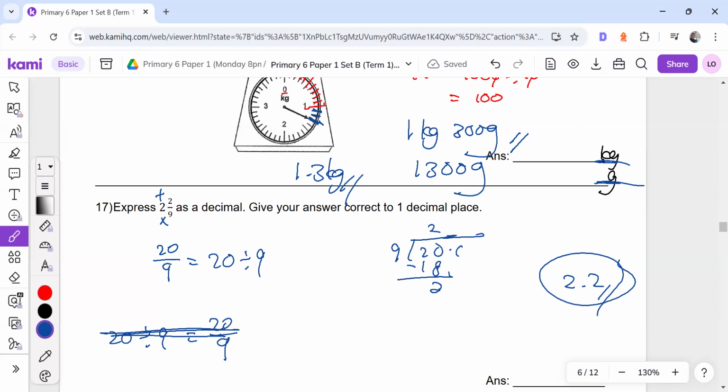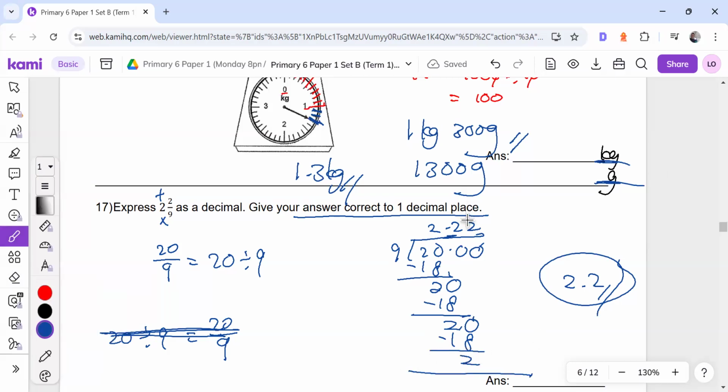Change the whole number to decimal, put the 0 down, raise up decimal point. 2 times 9 is 18, and remainder 2. Never put down your 2.2 as the answer, because you haven't rounded anything. You didn't do any rounding. Something missing. So you must continue to add one more 0 and then put the 0 down, and then 2 times 9, 18, still remainder 2, but never mind, because now you can do rounding.